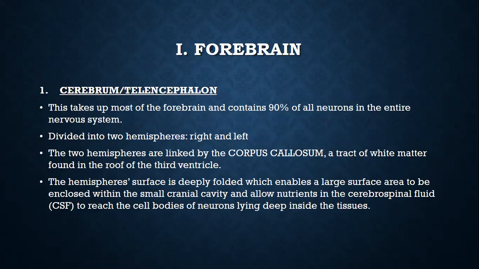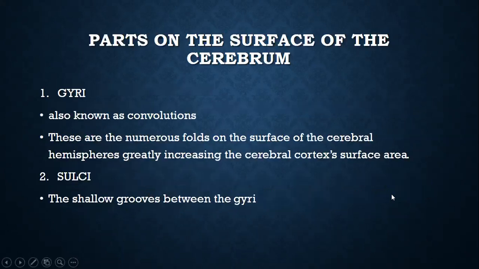The two hemispheres are linked by the corpus callosum, which is a tract of white matter found in the roof of the third ventricle. The hemispheres' surface is deeply folded, which enables a large surface area to be enclosed within a small cranial cavity and allows nutrients in the cerebrospinal fluid to reach the cell bodies of neurons lying deep inside the tissue.